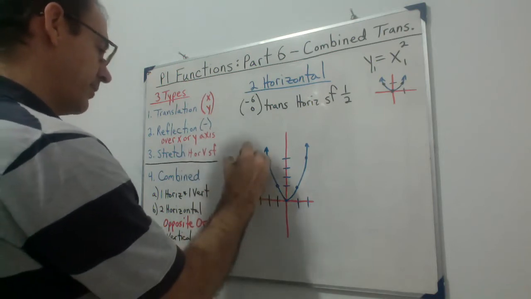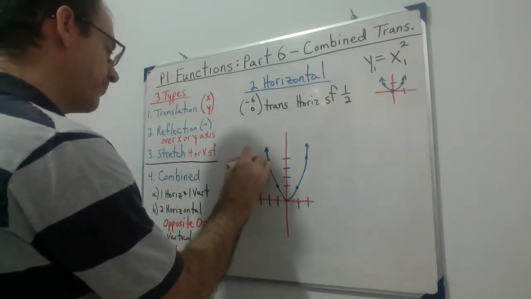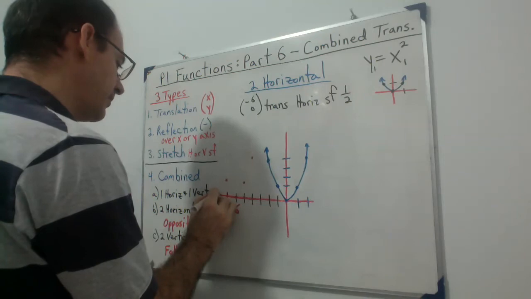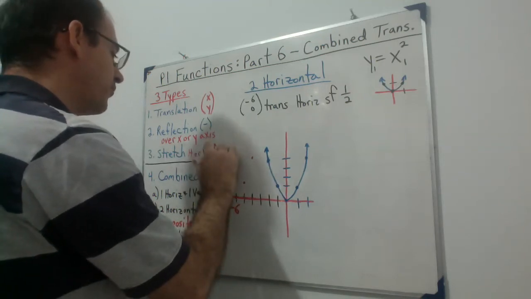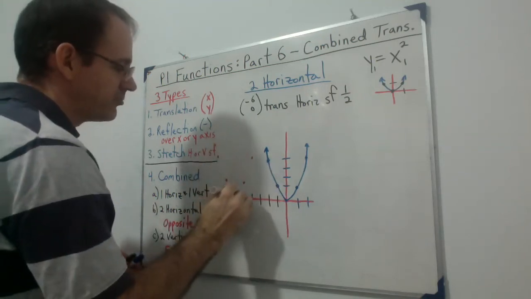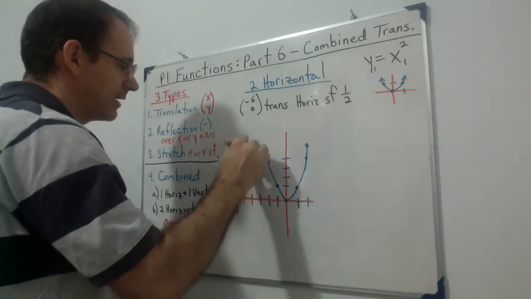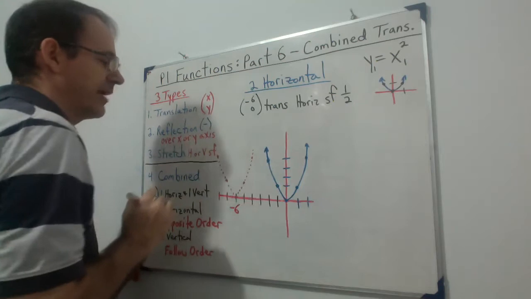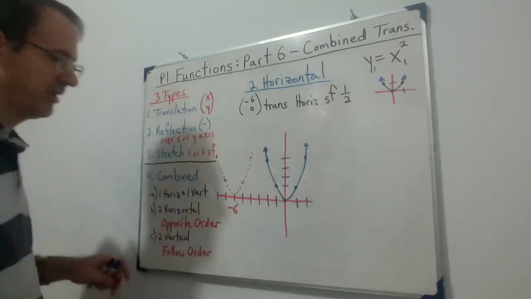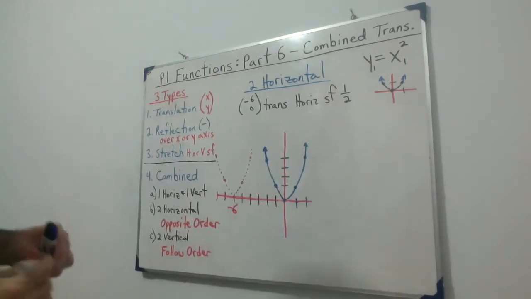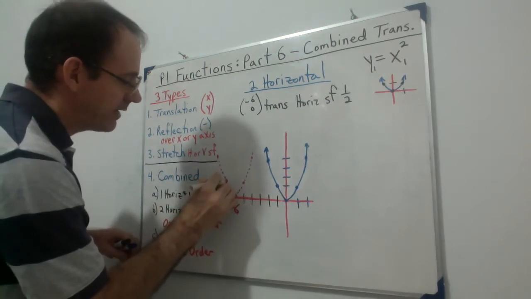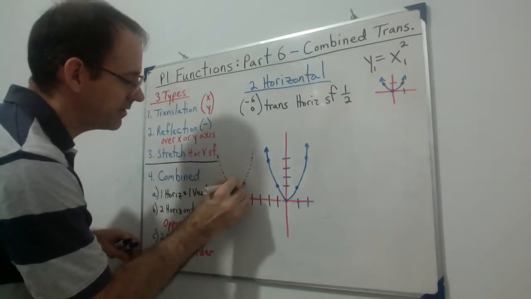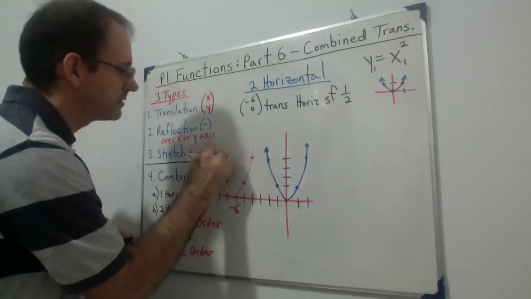And we would also have one up here at 4, and one over here at 4 as well. So I'm not going to draw it in. I'll just put a little dotted line here. That would be after translating it 6 units to the left.